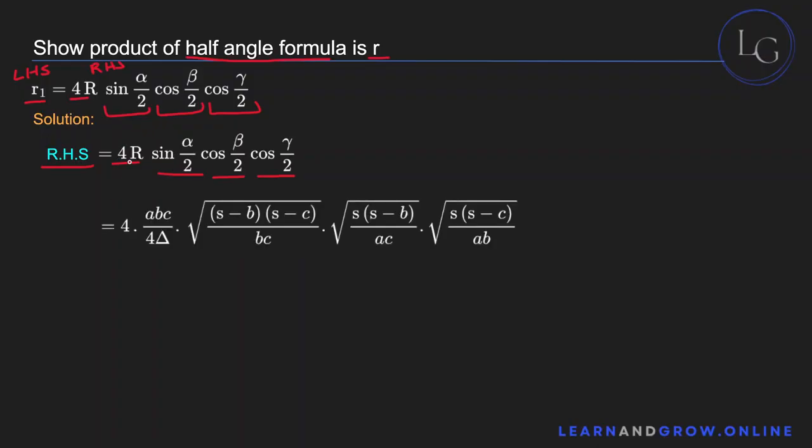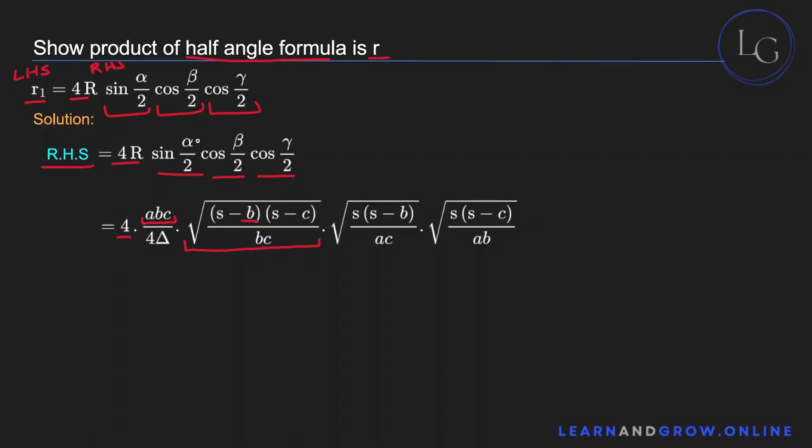Now you can write down 4R as this: 4 into R is basically the product of the three sides over 4 into the area of the triangle that these three sides make, into sine alpha by 2, which using the half angle formula can be written like this, S minus B into S minus C over BC, right? Because you take the two sides, S minus the first side that is not the opposite side of alpha.